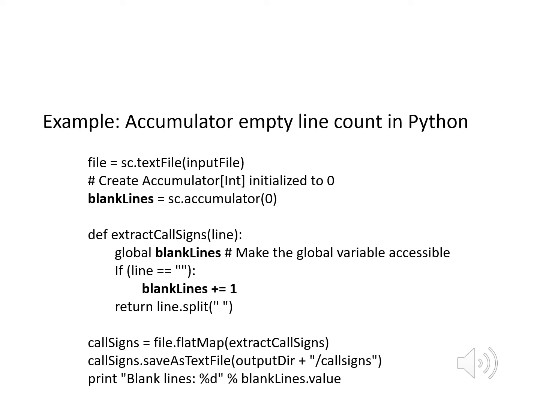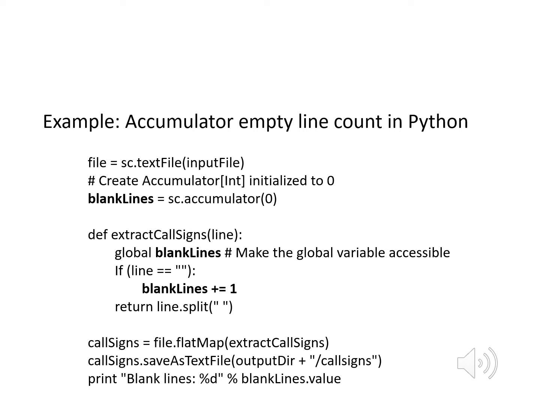Here is an example of accumulator. In this example, we are loading a list of all the call signs. At the same time, we are interested in how many lines of the input file were blank. Here, blank lines is created as the accumulator, and it's initialized to 0.